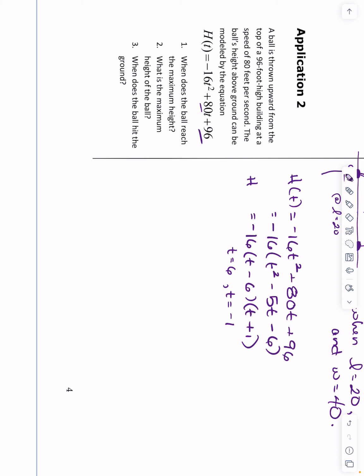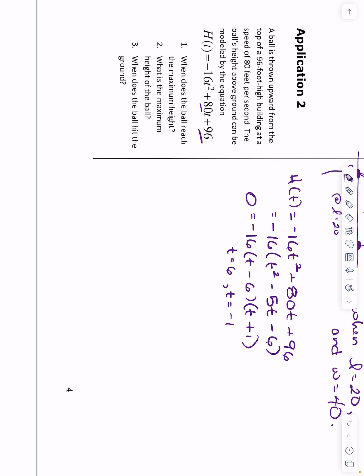Yeah, let's do this. Because what I did was jump ahead and solve for when this is 0, which actually means when this is hitting the ground. Okay. When my height is 0, this is hitting the ground. So I've started by answering 3.